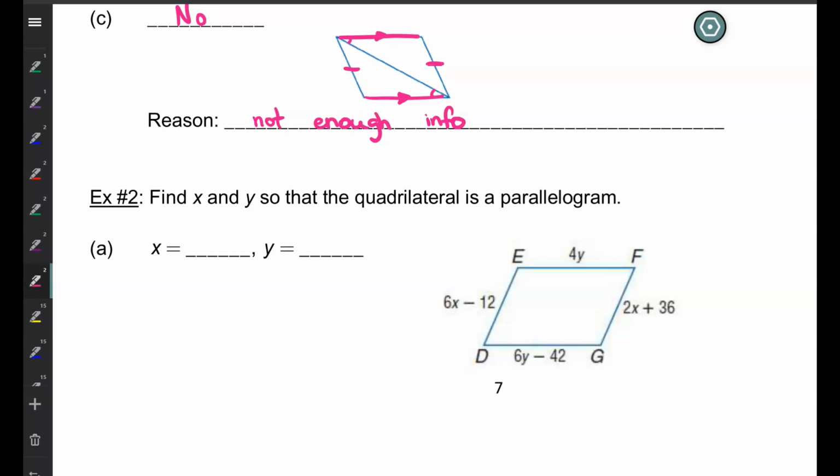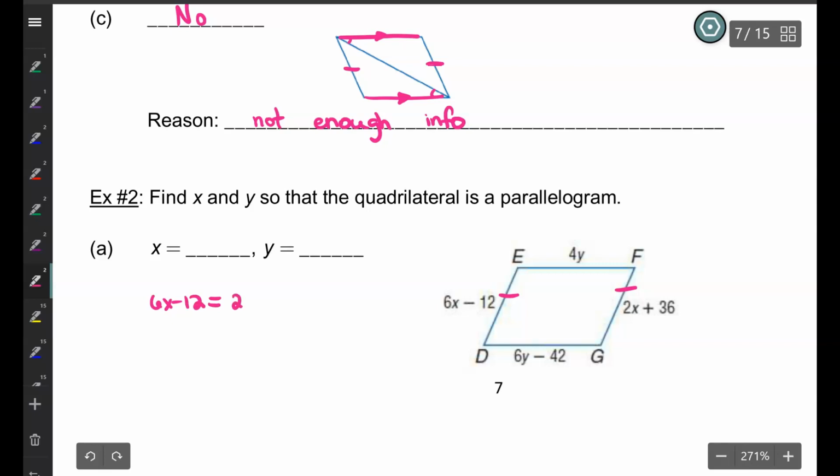And so now the next couple problems are going to look similar to what we did in the previous lesson. We're basically finding x and y so that the quadrilateral is a parallelogram. So we want to make certain things equal to each other or supplementary and so on. In this case, I've got to make these two sides congruent. So 6x minus 12 equals 2x plus 36.